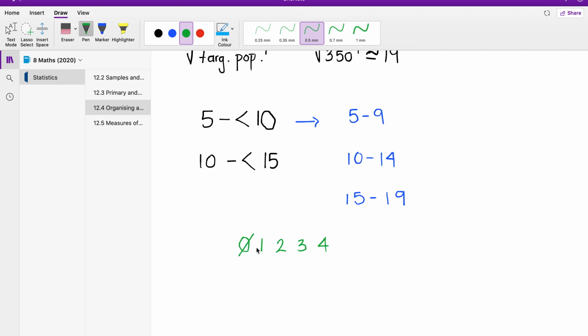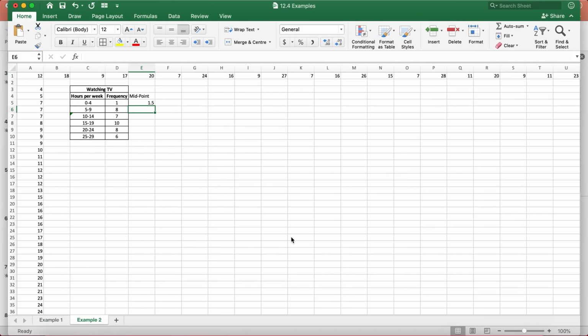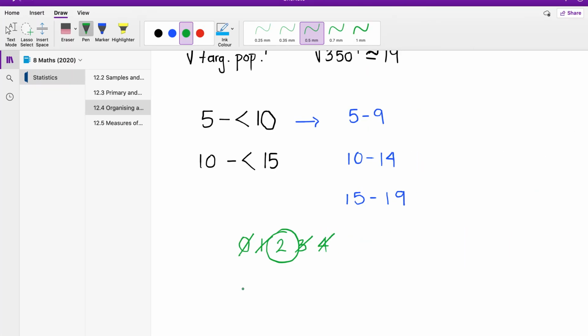I cross the first and the last, and then I get that my midpoint here is going to be 2. Okay, and then 5 to 9: 5, 6, 7, 8, 9, same thing, midpoint 7.